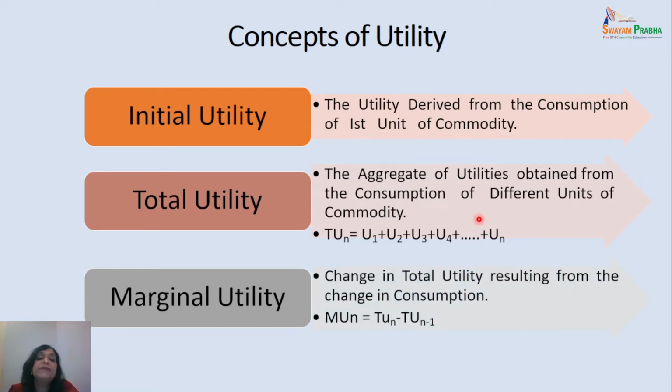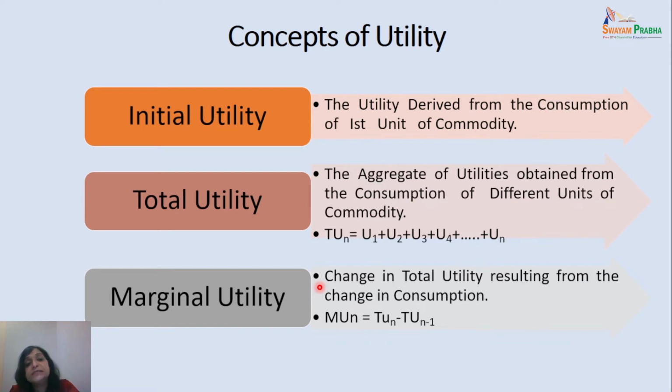Then we have marginal utility. Coming back to the concept of marginal, we are talking about change in the total because we have consumed one extra unit. So, the change in total utility resulting from the change in consumption. That is, when you are consuming, let us say, 1 unit of the product, you get some utility.